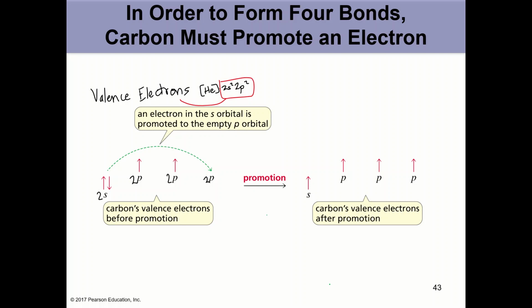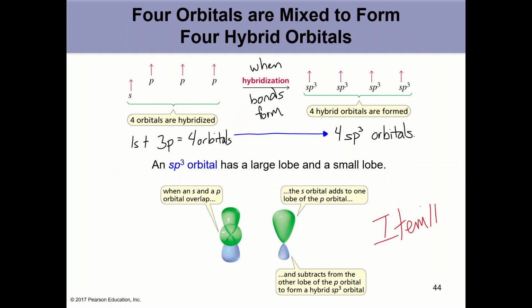These orbitals are going to hybridize to form 4 sp3 orbitals. So we get 4 normal orbitals, 1 s and 3 p's, and they all blend together. Just think about throwing the s and the p and mixing it in a mixer until they all are homogeneous orbitals of equal energy called sp3 orbitals.